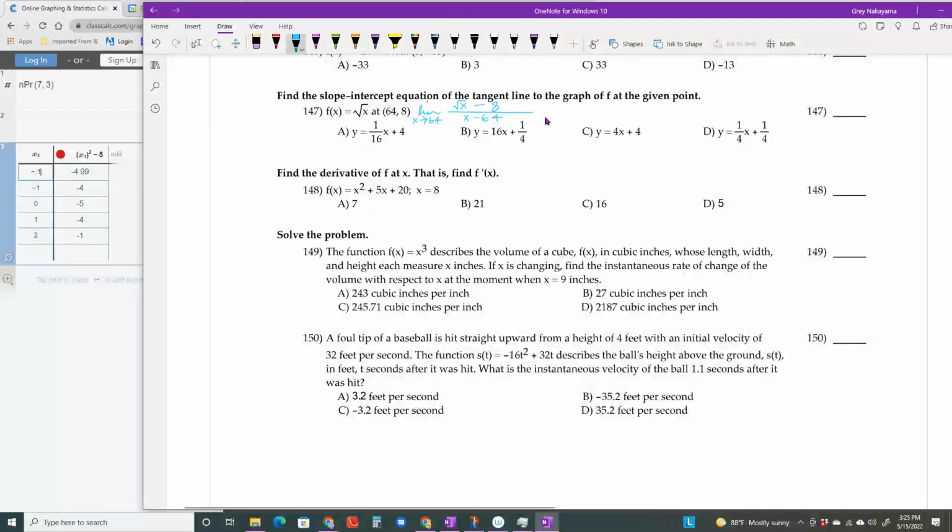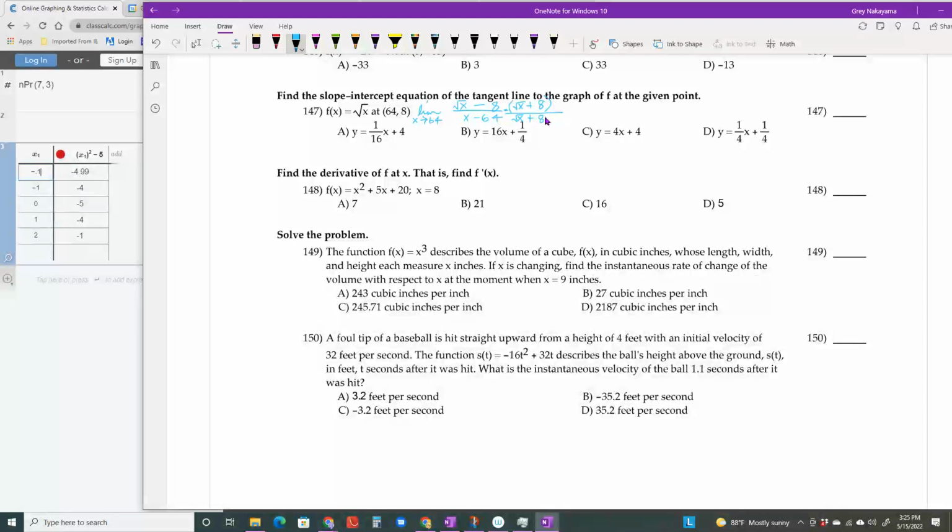You can't leave it like that. So then we multiply by the conjugate to rationalize the numerator. So that's the square root of x. I'm going to just write it right here. Square root of x plus 8. Looks like a 4. Let me do that. How about that? Square root of x plus 8 over square root of x plus 8.